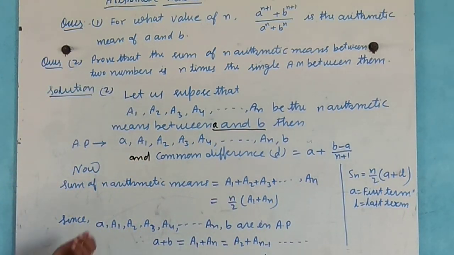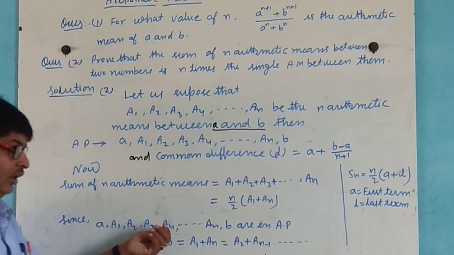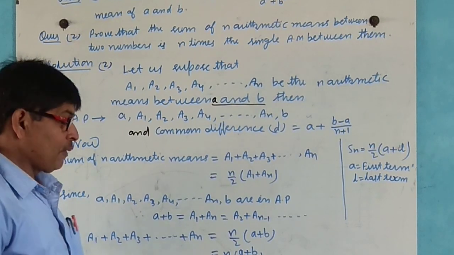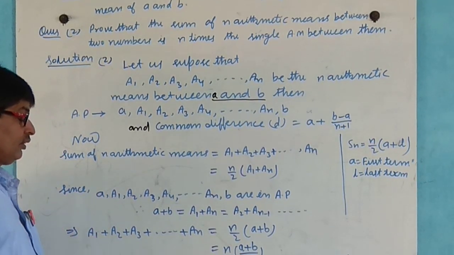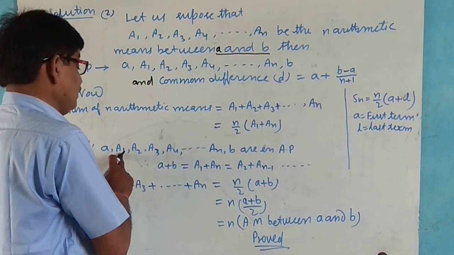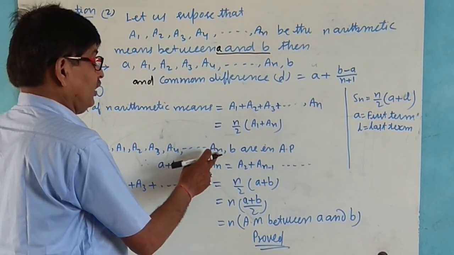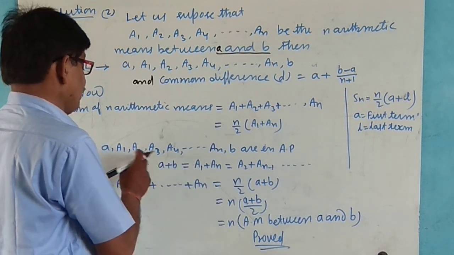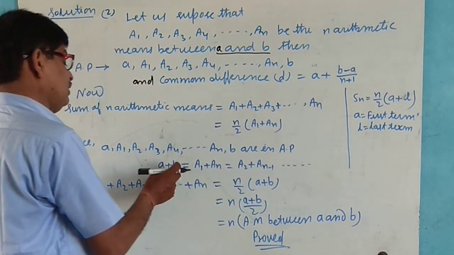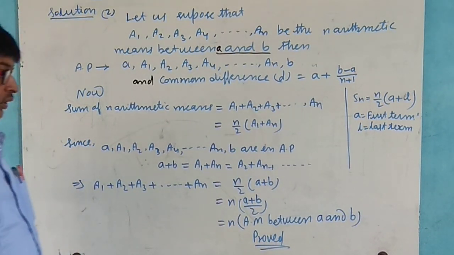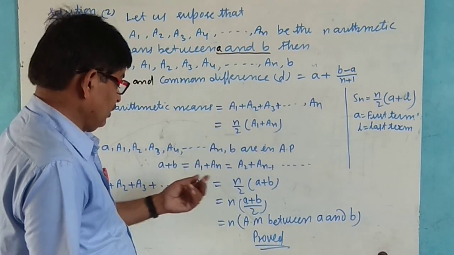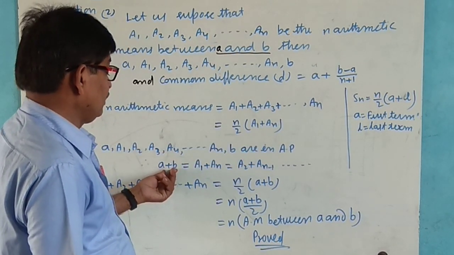Since a1, a2, a3, an and b are in AP, a1 plus an equals a2 plus an minus 1, and this sum is equal to a plus b.